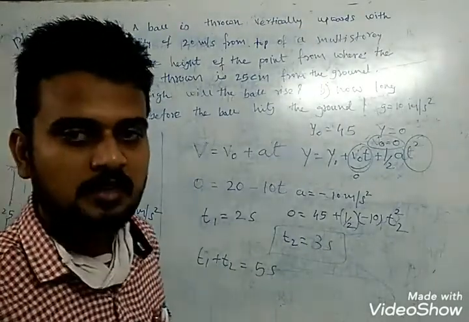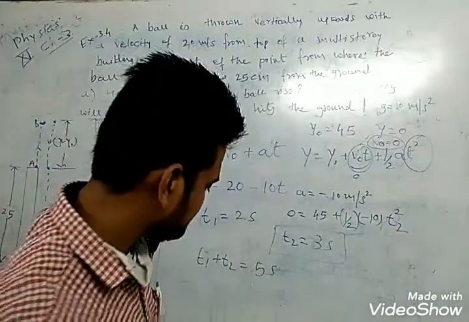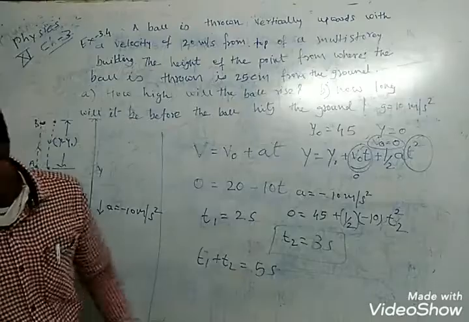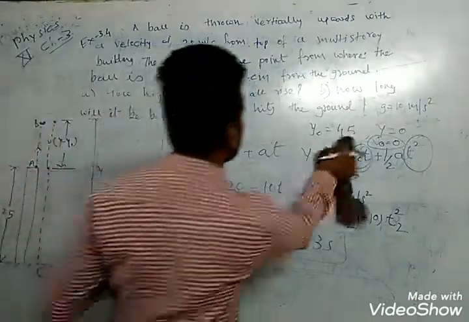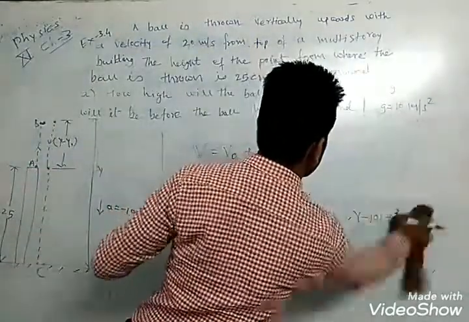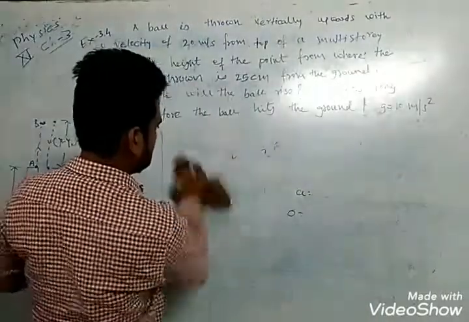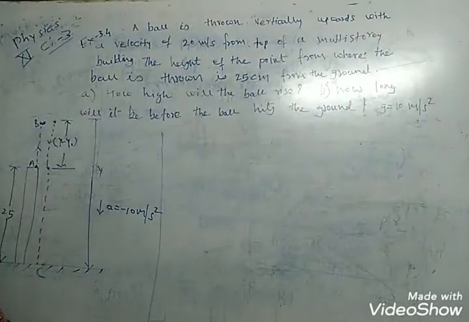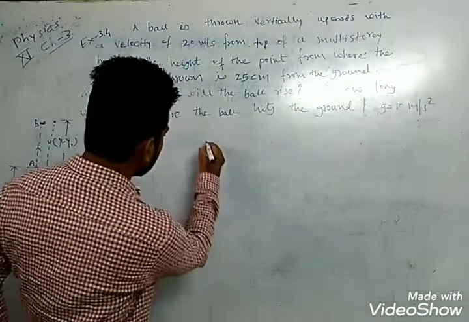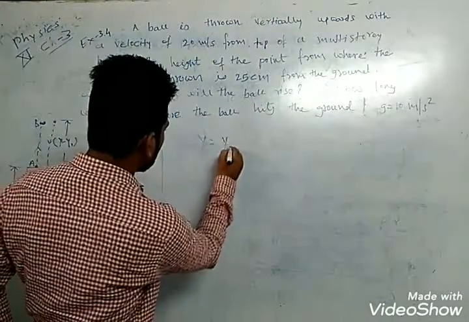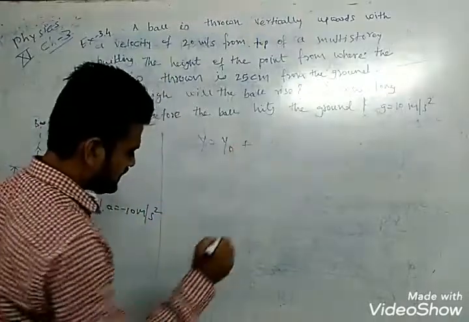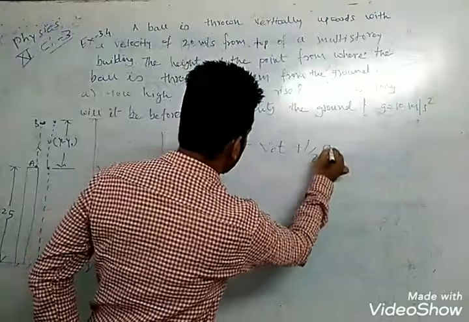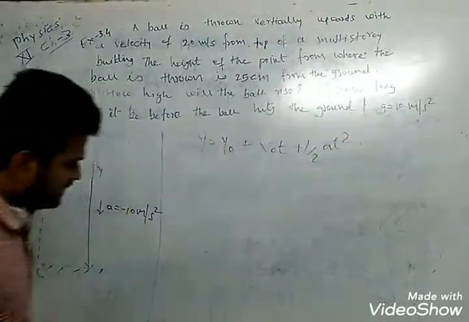Now the second method. Again we use the same equation, y equals y0 plus v0 t plus 1/2 a t squared.